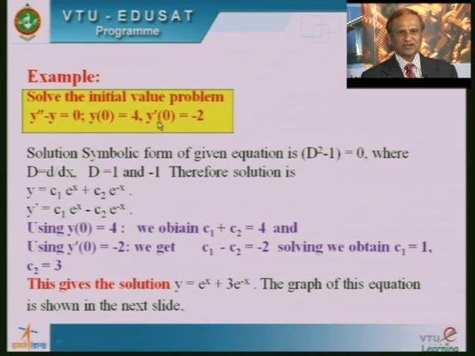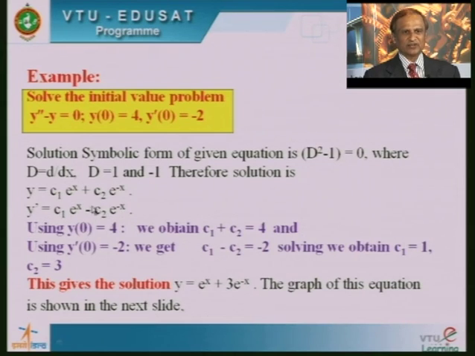And along with that, they have given one more condition, y single prime of 0 is equal to minus 2. I am going to use y single prime of 0 is equal to minus 2. So, it means I want to find out the derivative of this function. y single prime is equal to C1, an arbitrary constant, times the derivative of e to the power x, which is e to the power x, and C2 is a constant, keep as it is, and the derivative of e to the power minus x is minus e to the power minus x.